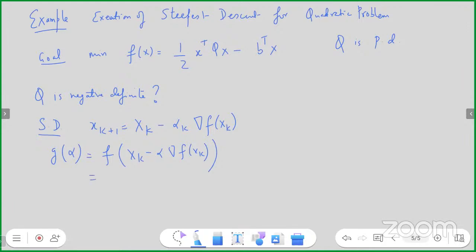So this will be half of (x_k minus alpha del f x_k) transpose Q (x_k minus alpha del f x_k) minus b transpose (x_k minus alpha del f x_k).